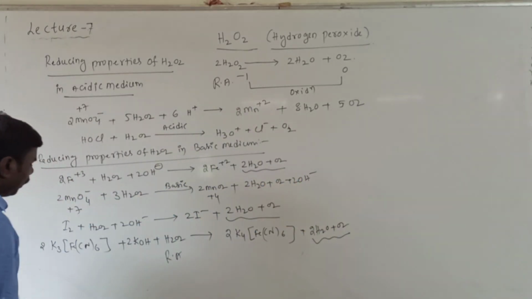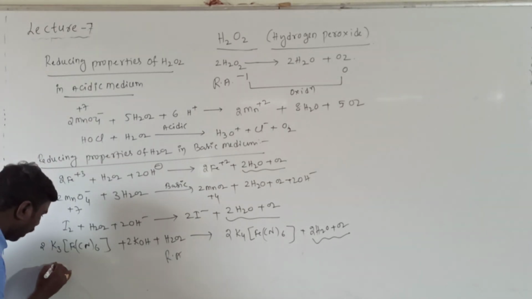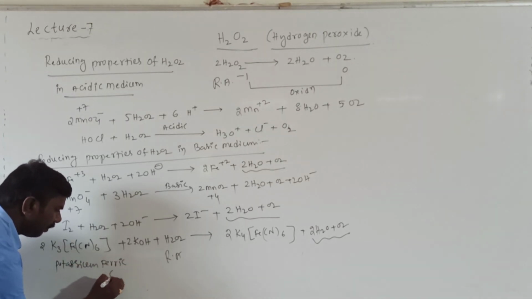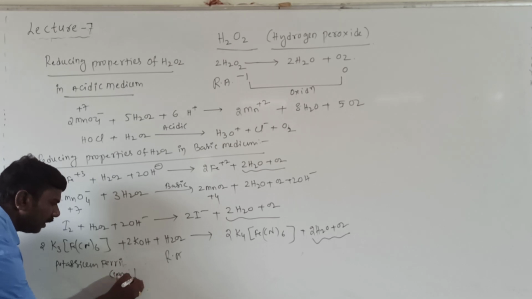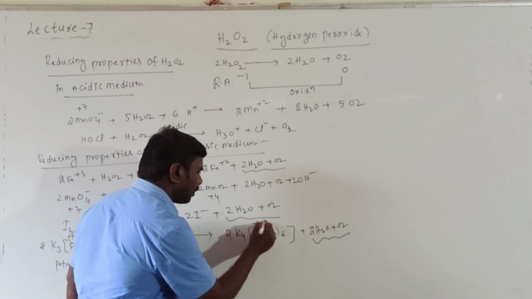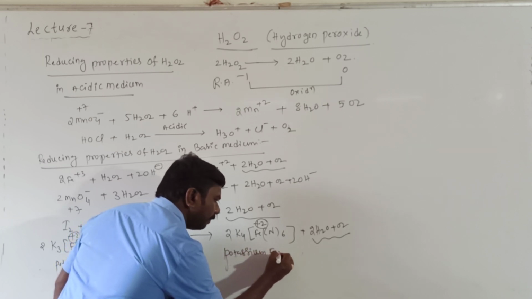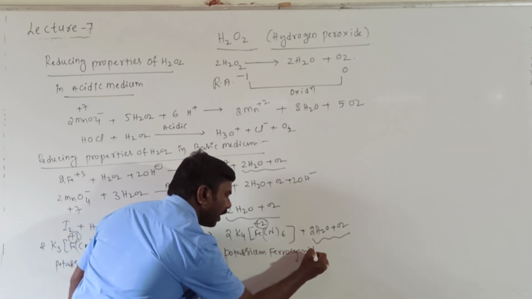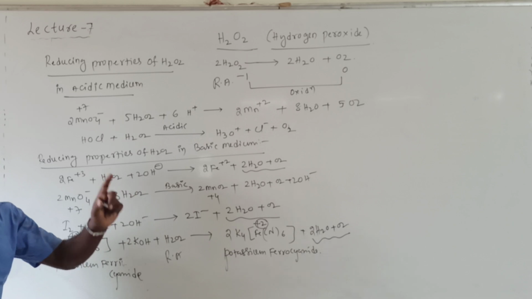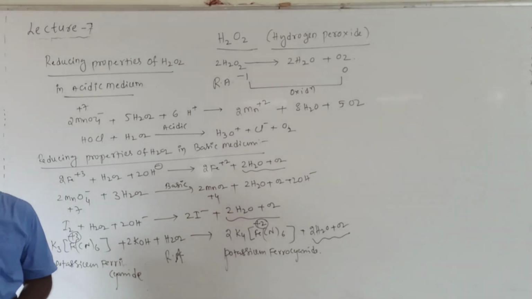It is potassium ferricyanide. It is plus 3 oxidation state of iron. Here plus 2 oxidation state, potassium ferrocyanide. So plus 3 to plus 2. I have written the same equation in a different form. H2O2 is acting as which agent? That is reducing agent.